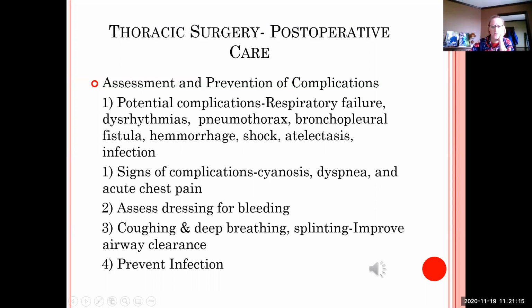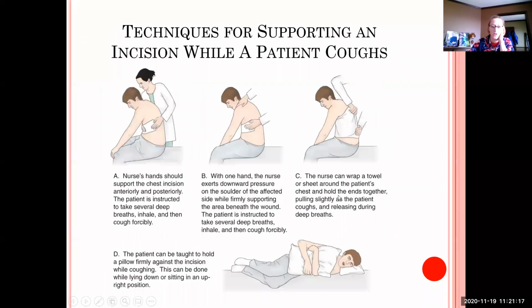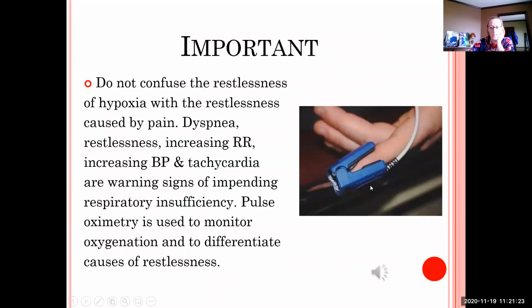There are some ways that you can teach your patient or assist your patient with splinting when they're coughing. And it's important, especially after thoracic surgeries, that you're looking for signs of respiratory distress or hypoxia. Restlessness usually is a big indicator, an early sign, but make sure you're not confusing that with restlessness that could be caused by pain.